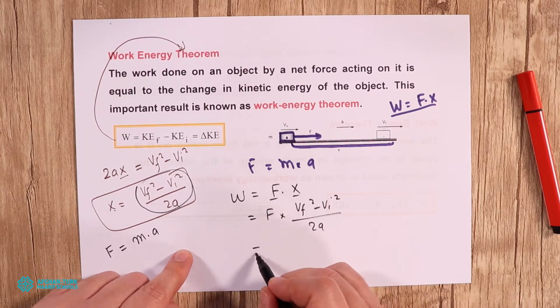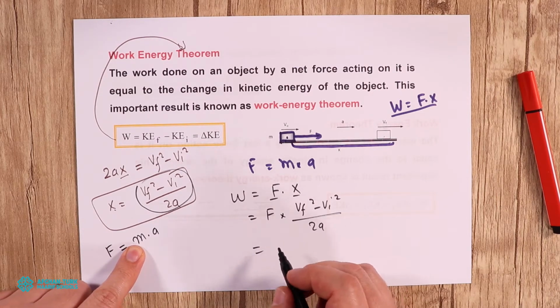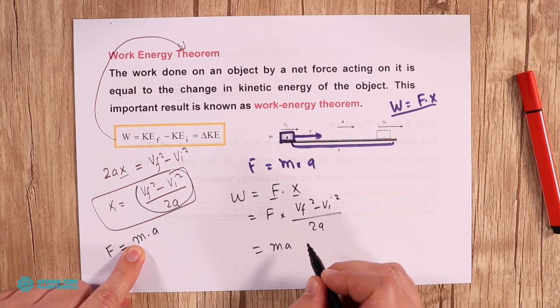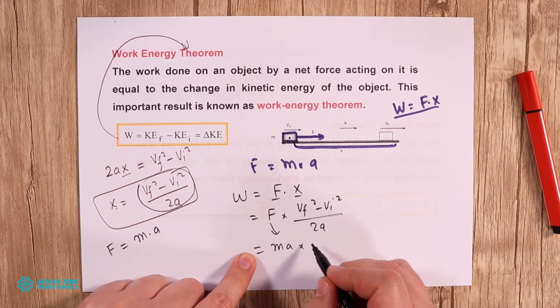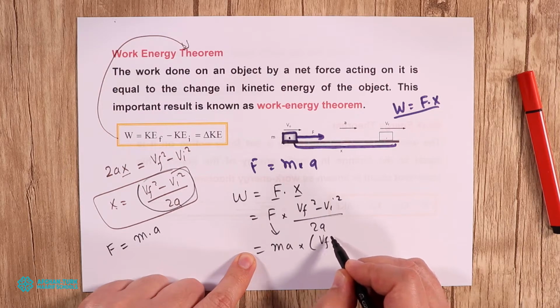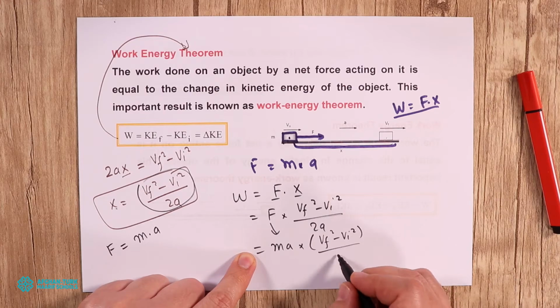Now instead of F we can use ma, so this is equal to ma multiplied by vf square minus vi square divided by 2a.